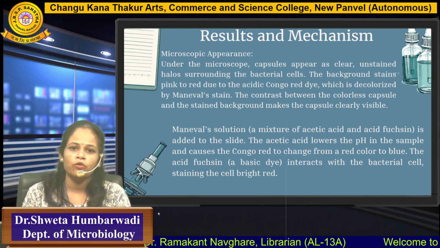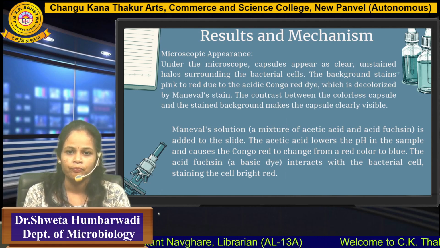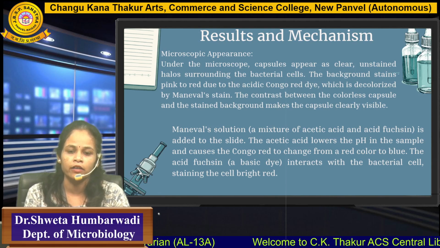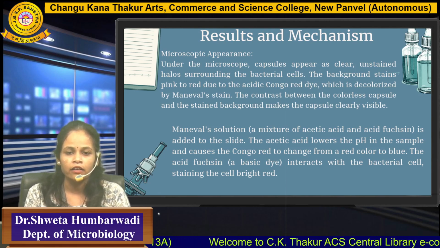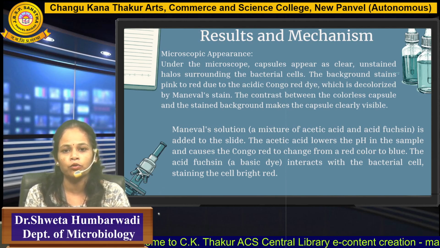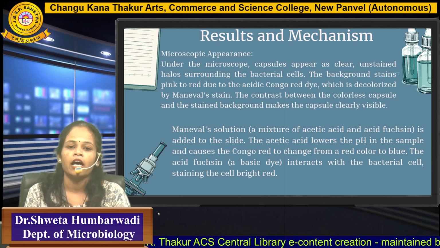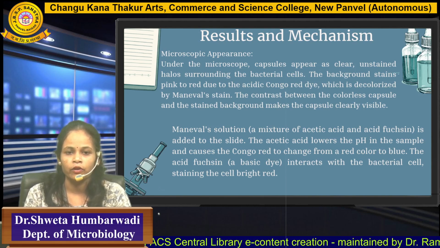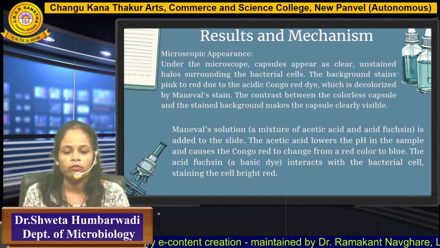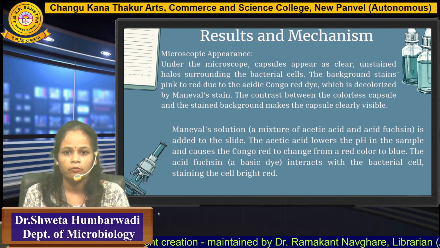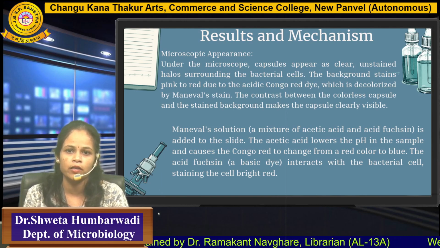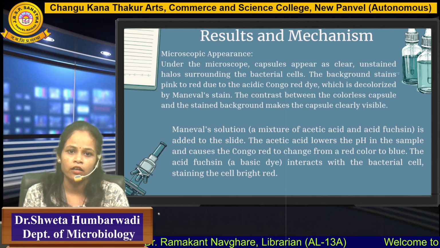As we know, we are using Congo red in the staining, but still the background is bluish in color because it contains acid. Manevel's solution is a composition of different ingredients, including stain as well as acid and the penetrator, phenol, etc. Because of this, the background is observed bluish in color because of the acidic stain, and the basic stain will specifically stain the cell cytoplasm, and the capsule will remain colorless.